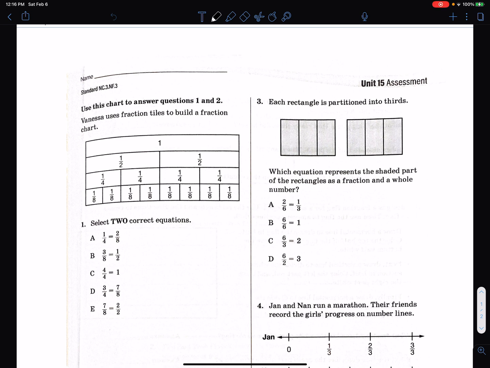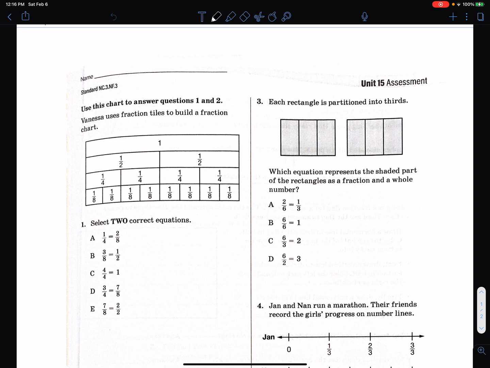All right, so looking at number 1, we're still working with some equivalent fractions. So we're looking for two correct equations. So we've got these fraction tiles as a chart. So we need to find two correct equations.